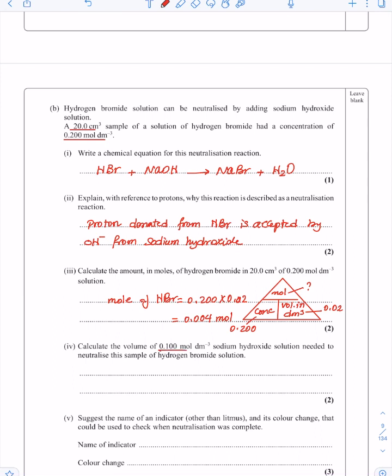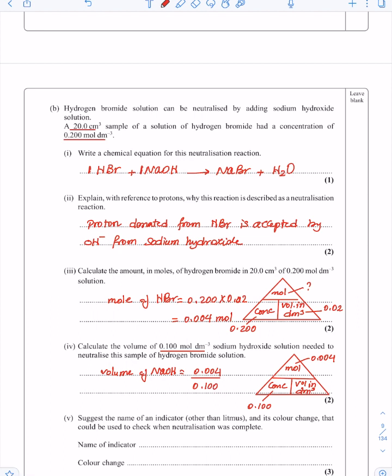Part iv. Calculate the volume of 0.100 mole per cubic decimeter concentration sodium hydroxide solution needed to neutralize the sample of hydrogen bromide. To find the volume I need the moles and the concentration. I get the moles from the ratio between the hydrogen bromide, which I found in part iii as 0.004, and the sodium hydroxide. The ratio is 1 to 1 in the equation, so the moles are 0.004, and the concentration is given as 0.100. So the volume of sodium hydroxide is equal to the moles, 0.004, over the concentration, which is 0.100.